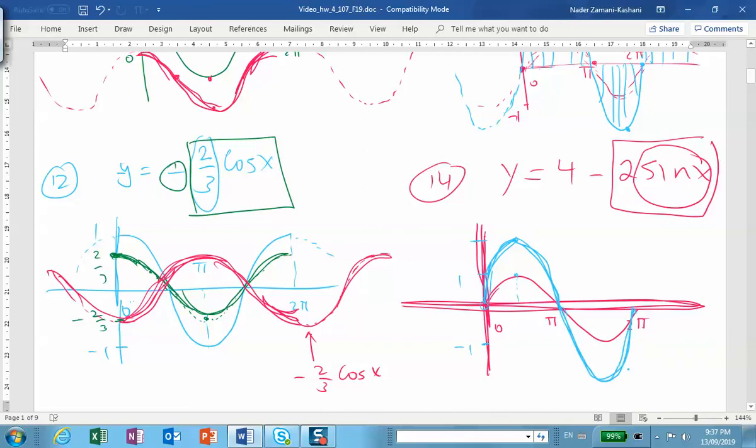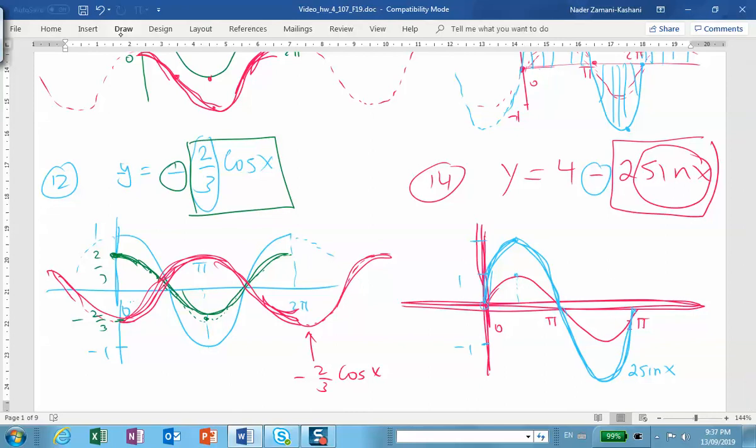But I have a minus sign here, minus 2 sine of x. So what that means is that all the heights are now becoming the opposite sign. So if you have a positive height in the blue, it becomes negative. If you have a negative height with the blue, it becomes positive. So let's do that.